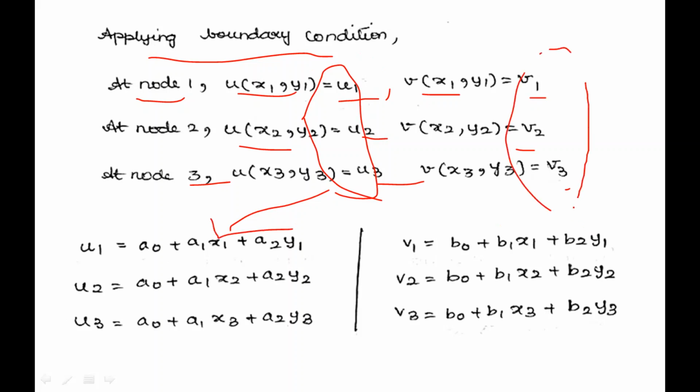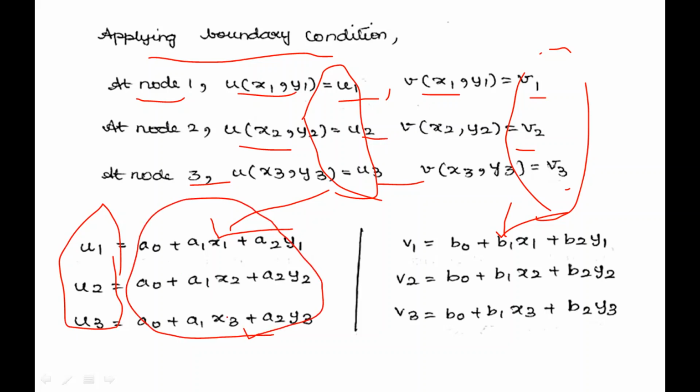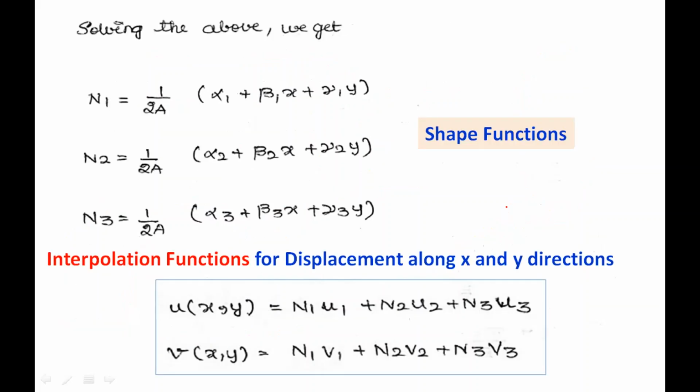Similarly by using the nodal coordinates we will get three equations. When we try to solve these three equations, I think you will remember the earlier procedure. We will end up with the same set of shape functions for u displacement and also v displacement. So we will have common shape functions for the u displacement and v component displacement.